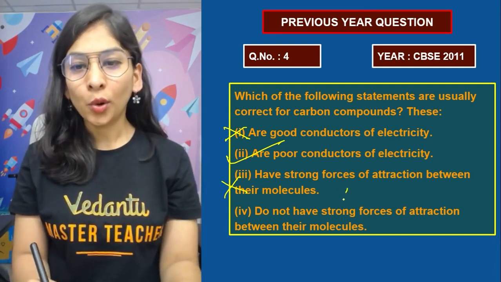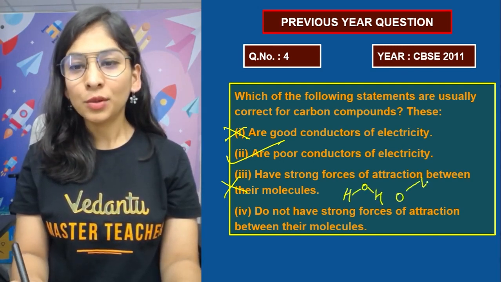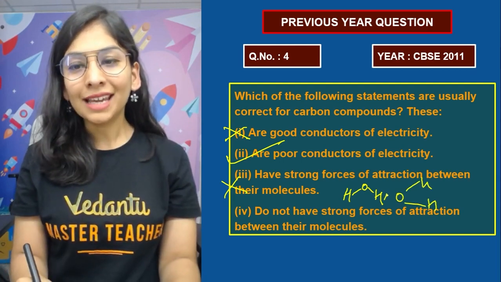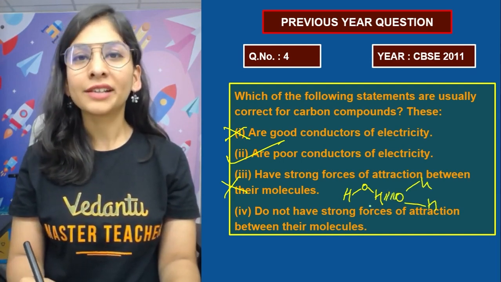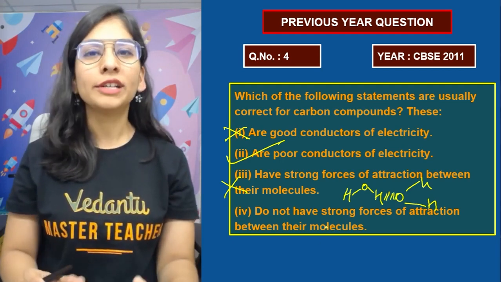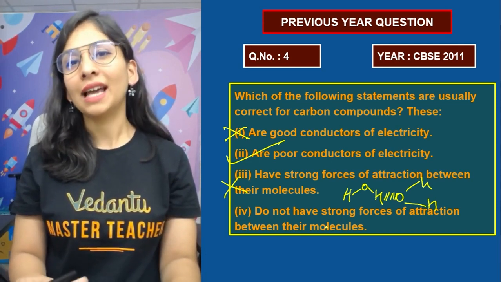Suppose I'm talking about water. This is my water molecule, and this is my next water molecule. I can write it in this kind of shape. So this intermolecular force of attraction is quite weak and can easily be overcome. It's called dipole-dipole interaction. What exactly this is, you will understand in 11th class as well.